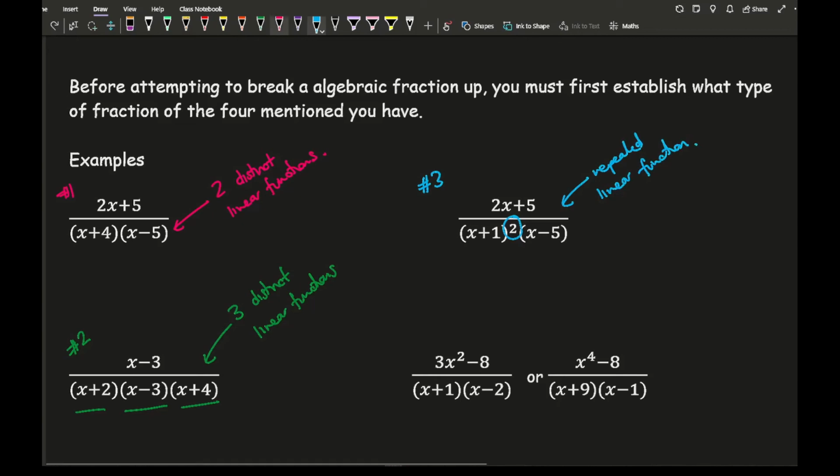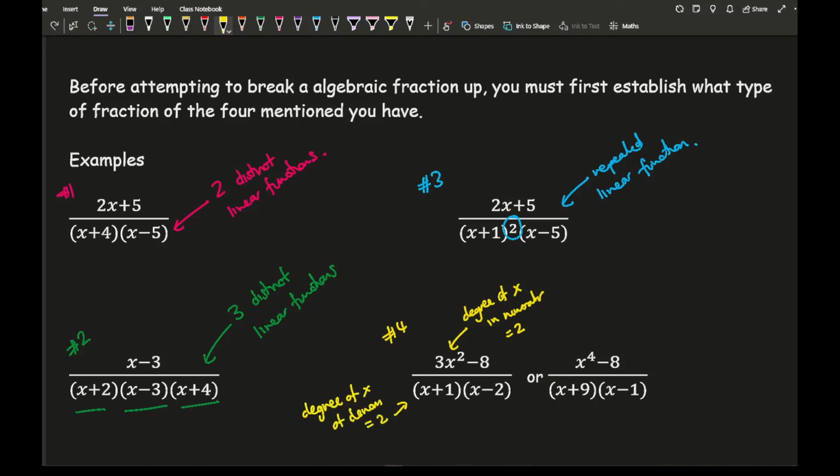And with example 4, the degree of x in the numerator in this case is 2, and the degree of x in the denominator, if I expand those brackets out, is 2. So you can see how they are both the same.